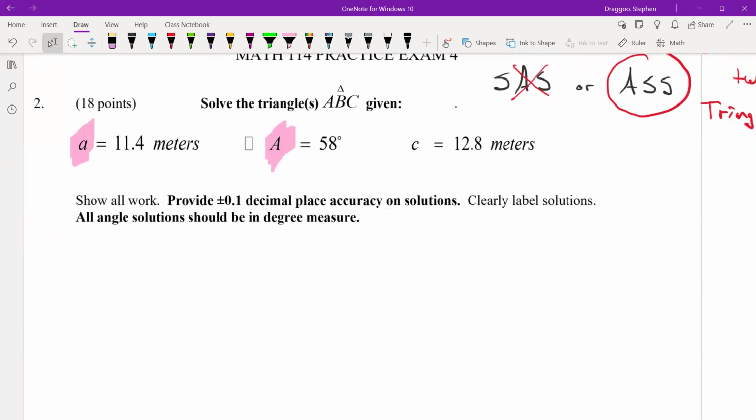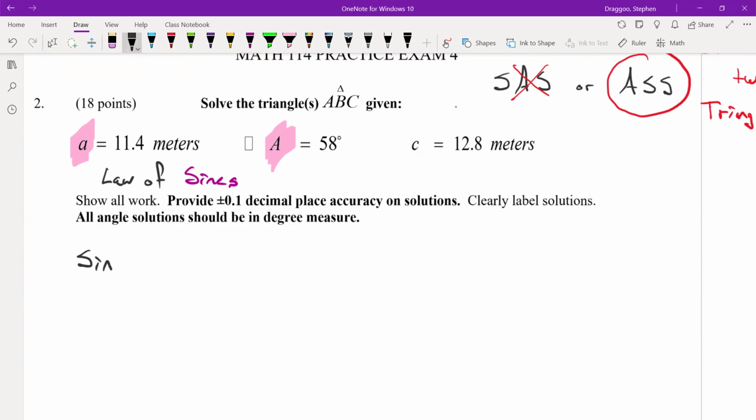So I know everything about letter A, which means I'm going to use the law of sines. I'm going to set whatever I start with equal to the A ratio. I know letter C, so I've got to solve for angle C first.